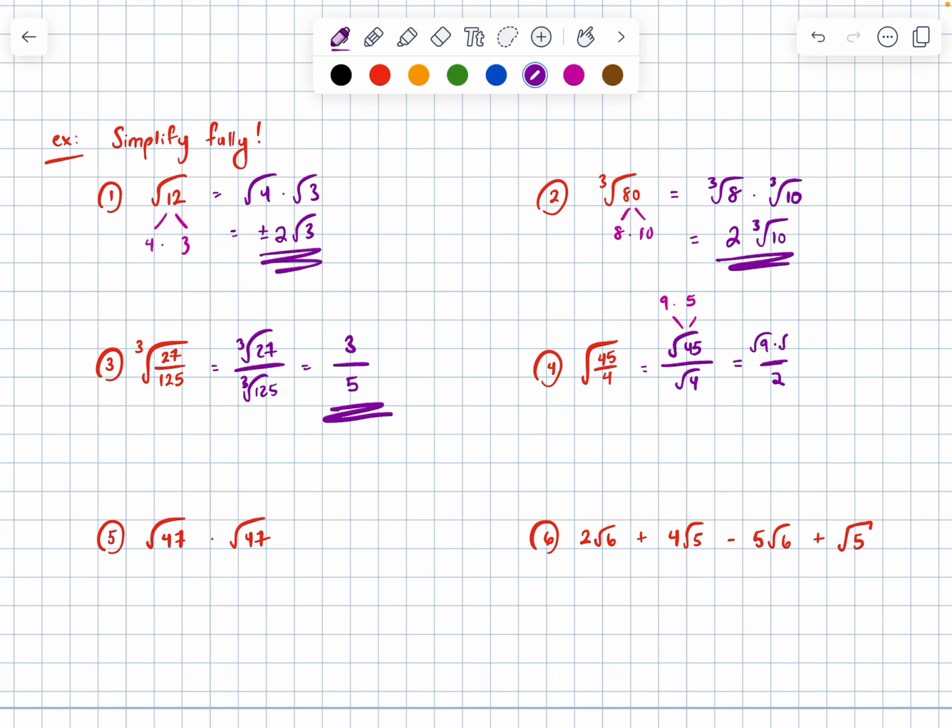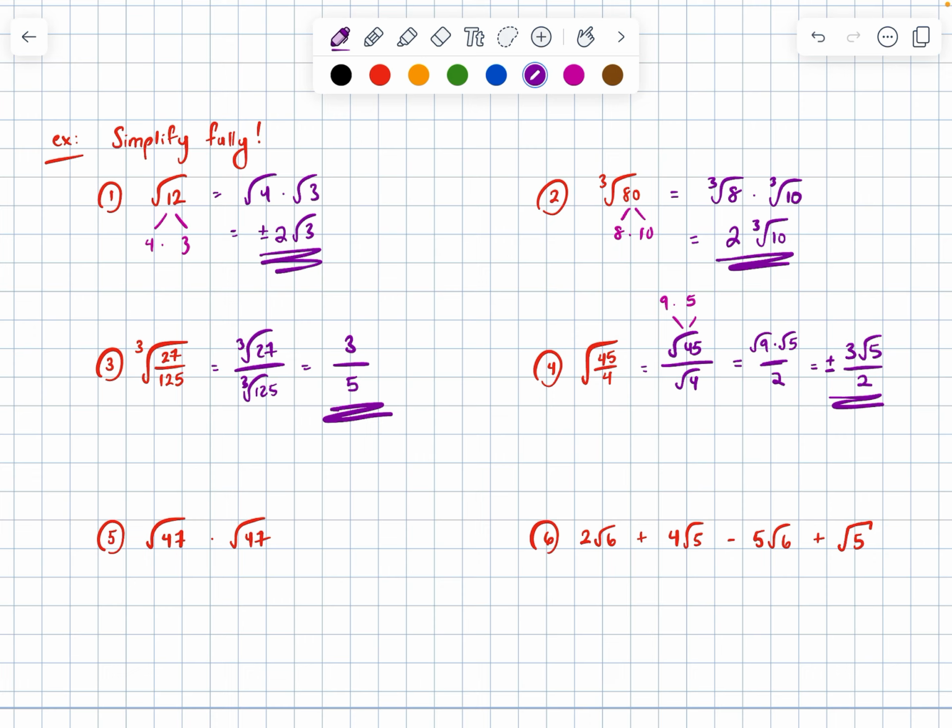So splitting this up using my product property, the square root of 45 is the same as the square root of 9 times the square root of 5. Simplifying that square root of 9, this is 3 root 5 over 2. We took a square root, so we add back in a plus or minus. So plus or minus 3 root 5 over 2 is my final answer.